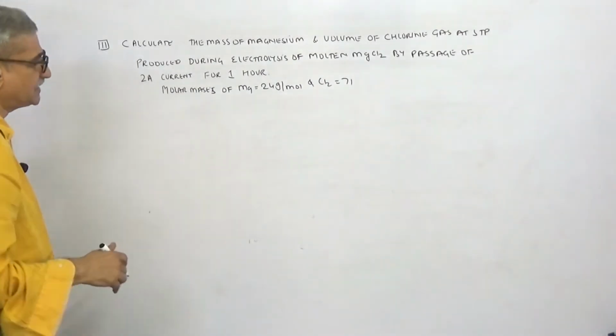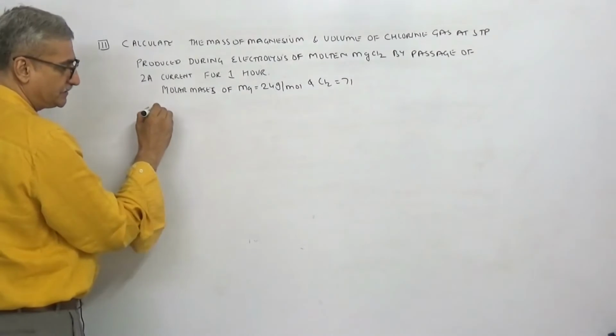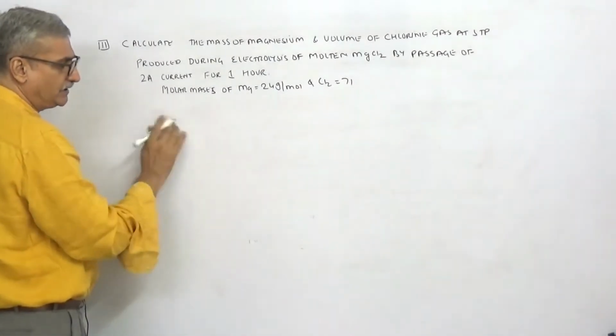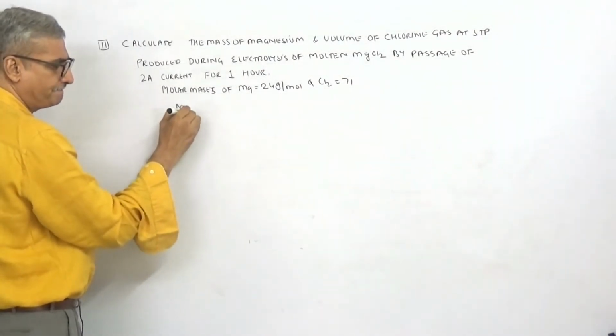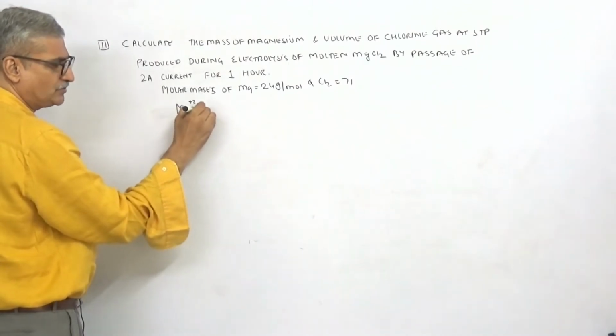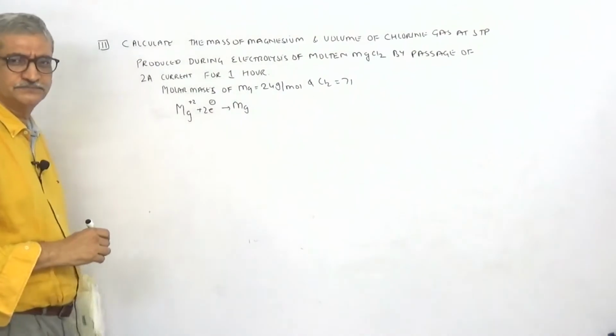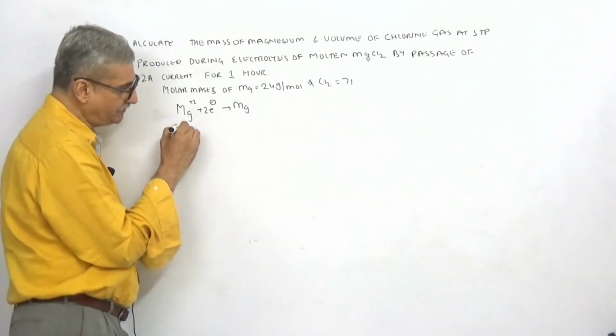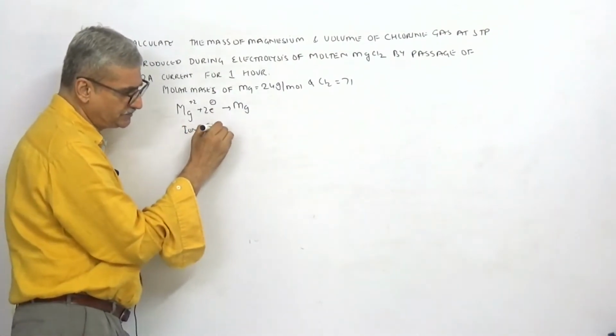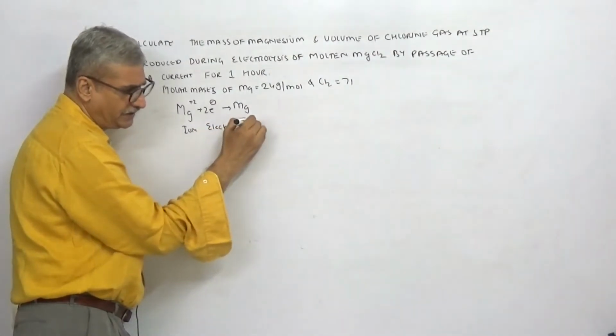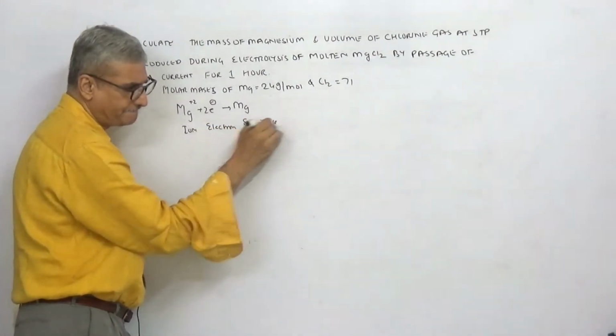Okay, let's start. So the first part, write down the reduction reaction of magnesium. So Mg2+ plus 2 electrons forms Mg. So this is ion, this is moles of electron, and this is substance. Correct?